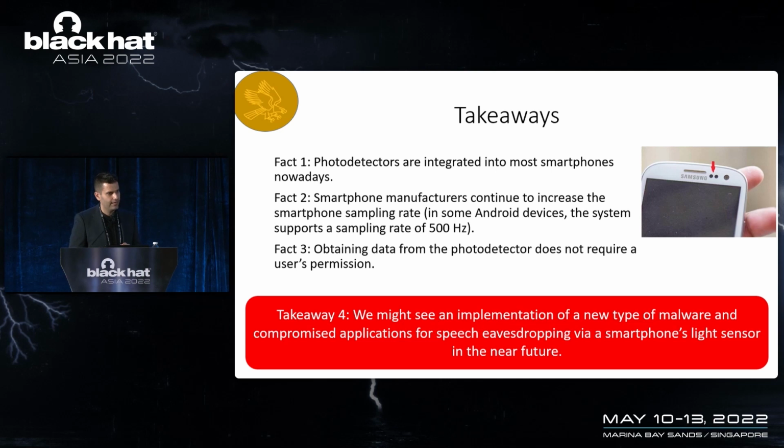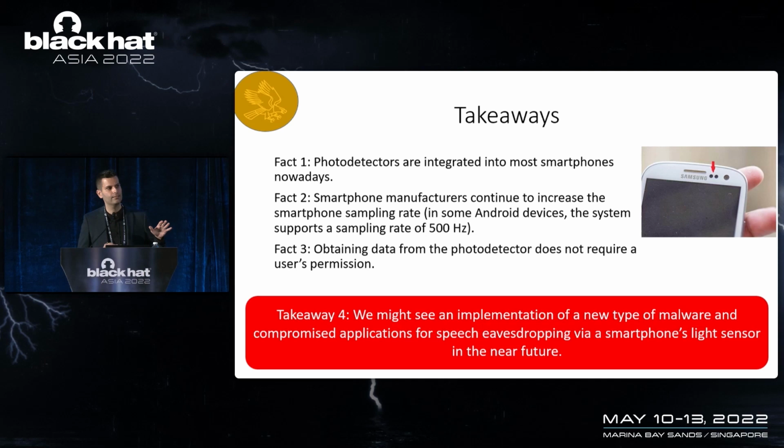In some Android devices, the sampling rate is currently around 500 Hertz, and bear in mind that manufacturers continue to increase the sampling rate over the years. And here is another interesting fact: obtaining data from the photodetector doesn't even require a user's permission, because it isn't considered risky data associated with a risk to privacy.